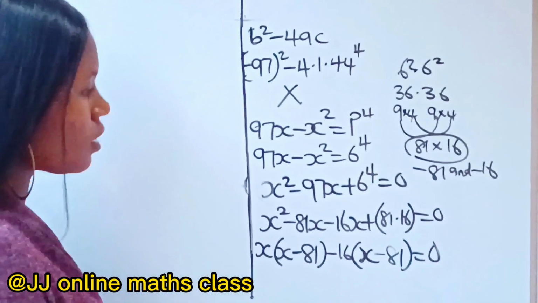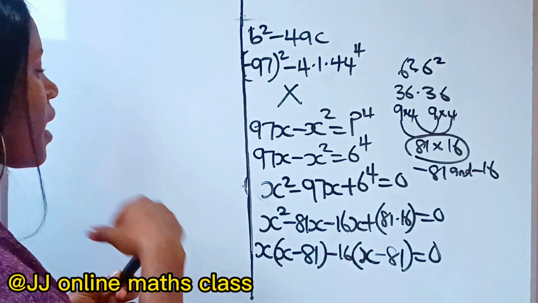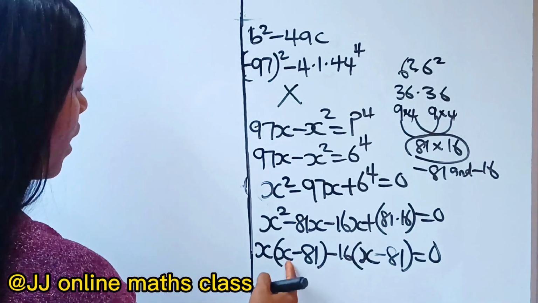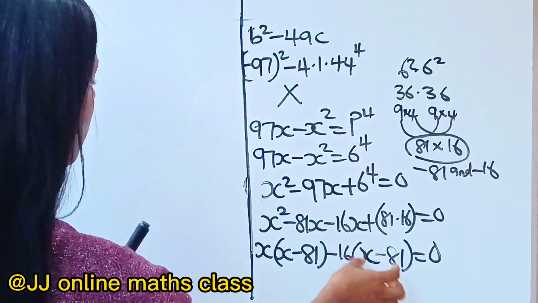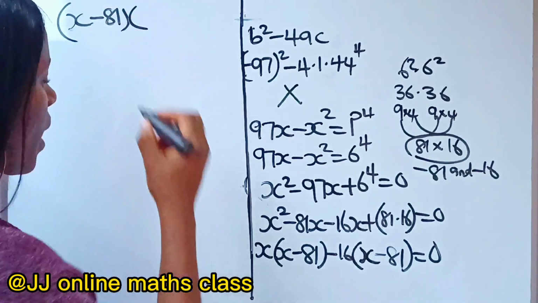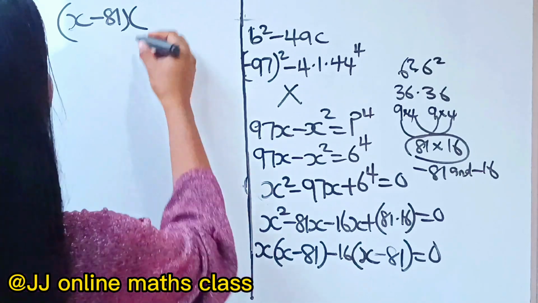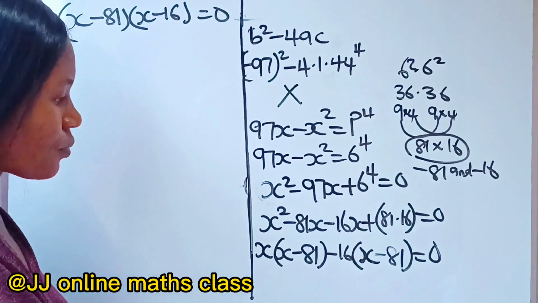All right. Let's continue. So we now have that x minus 81 and x minus 81, they are the same thing, right? So we are going to pick one. So we have x minus 81 bracket x minus 16 is equal to 0.